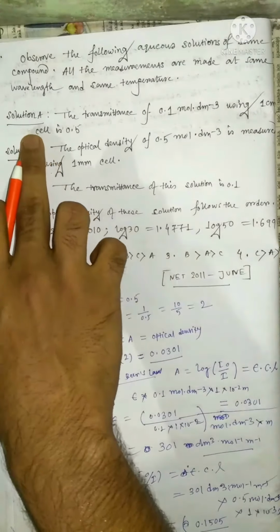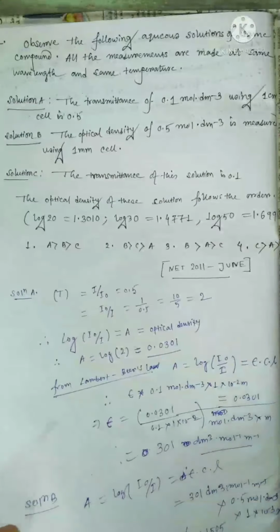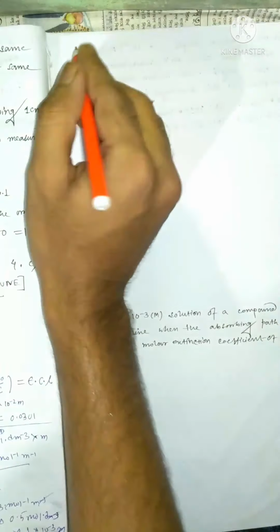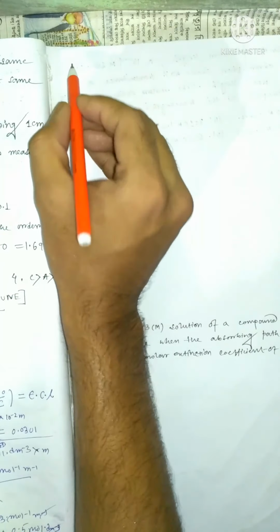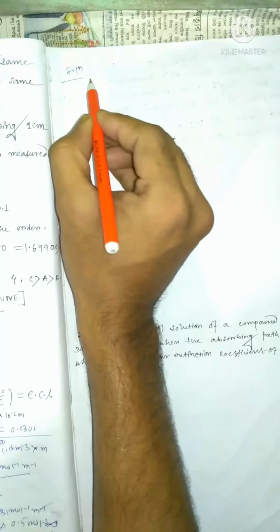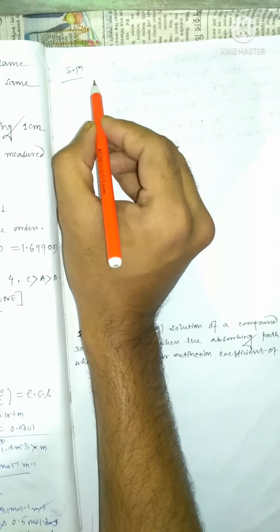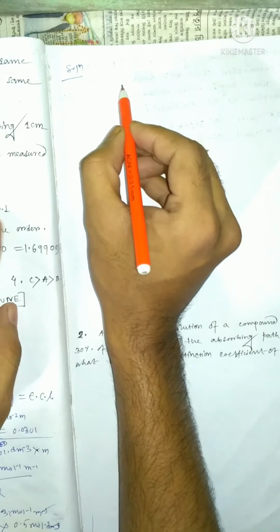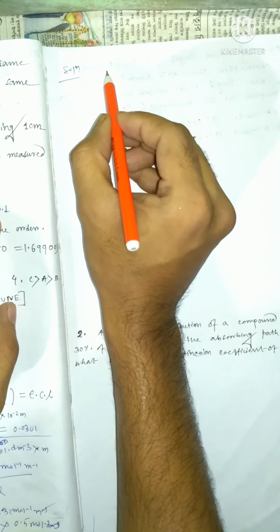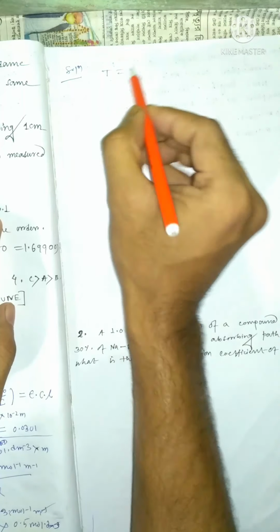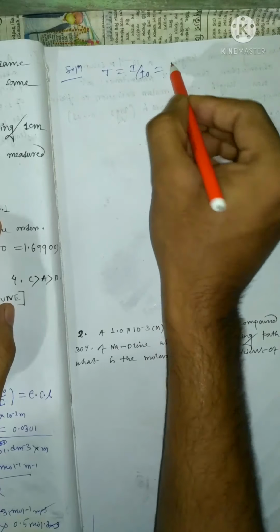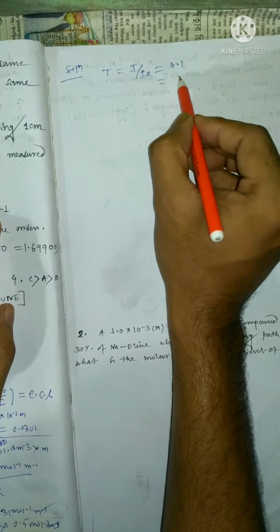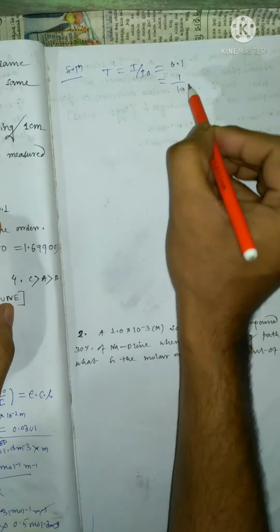Next for solution C. What is the given data? The transmittance of this solution is I by I0 equals 0.1, meaning 1 by 10.